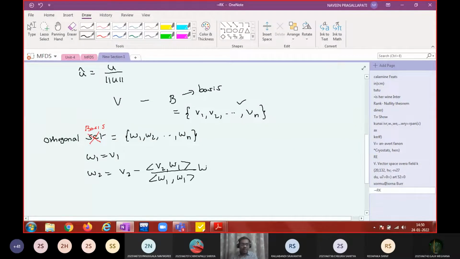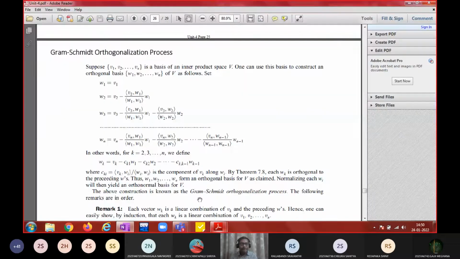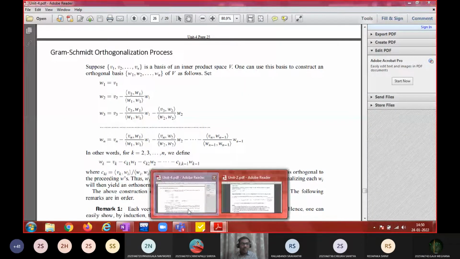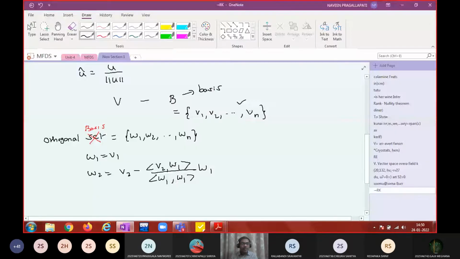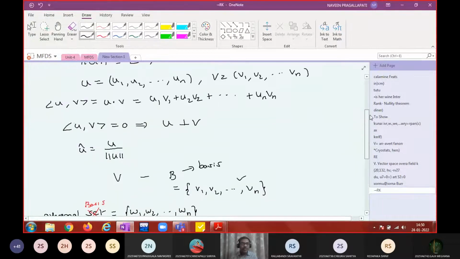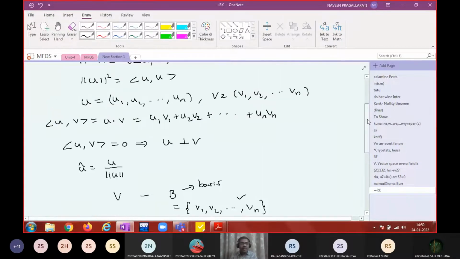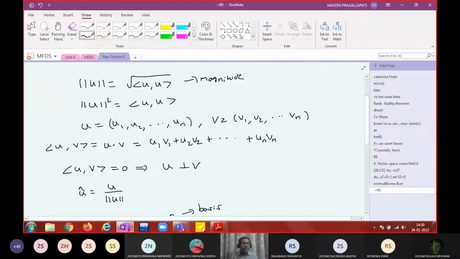And what is the inner product of w1 comma w1? The inner product of w1 comma w1 is nothing but the inner product of u comma u, which is nothing but norm u whole square. What is norm u whole square? In this sense, it is the square root of u1 square plus u2 square plus and so on plus un square.